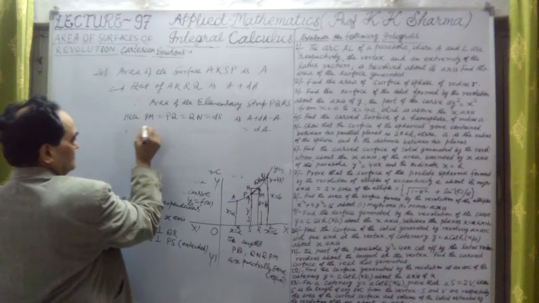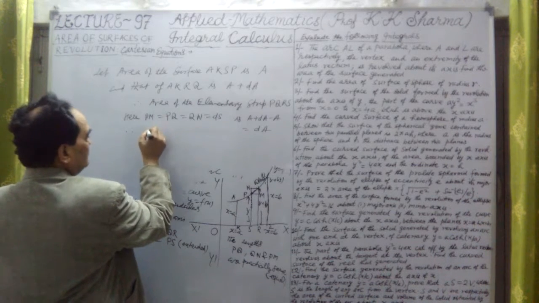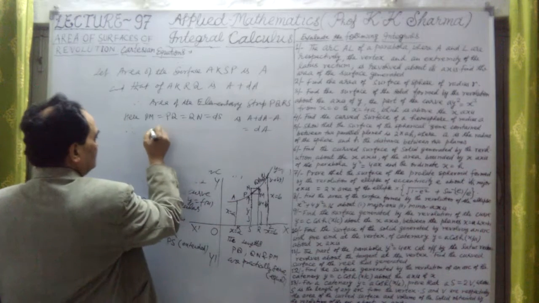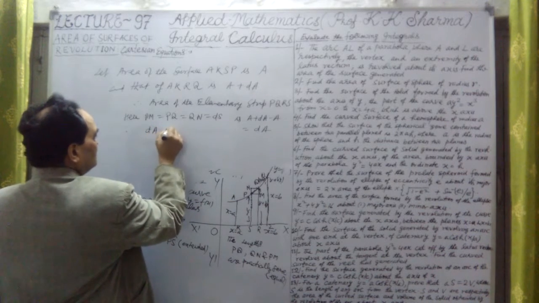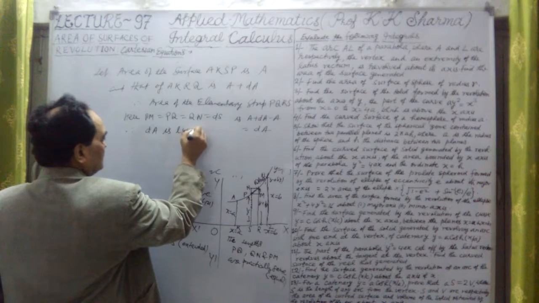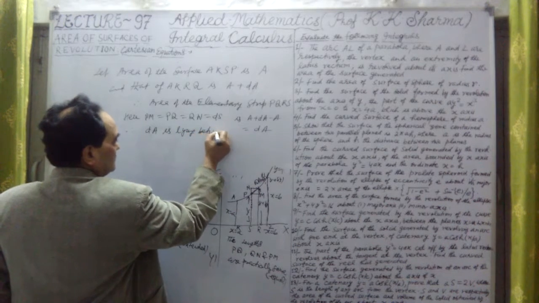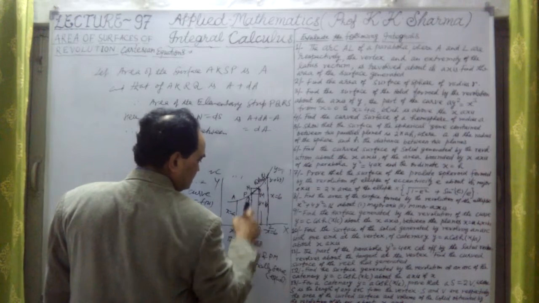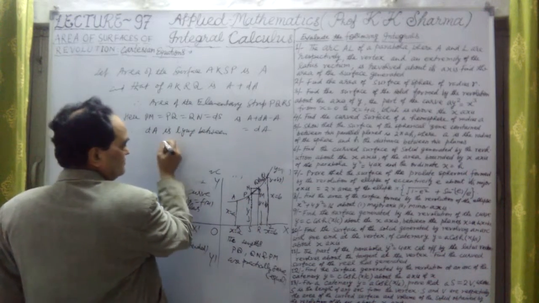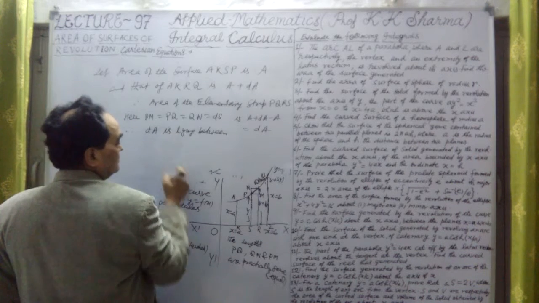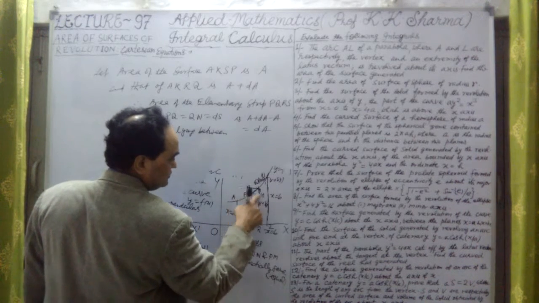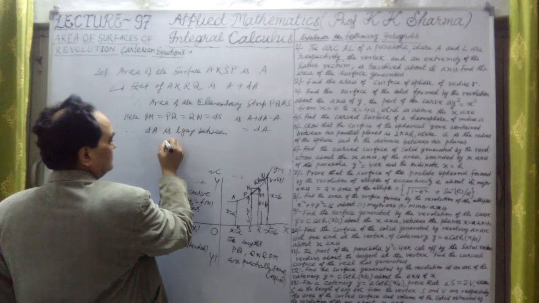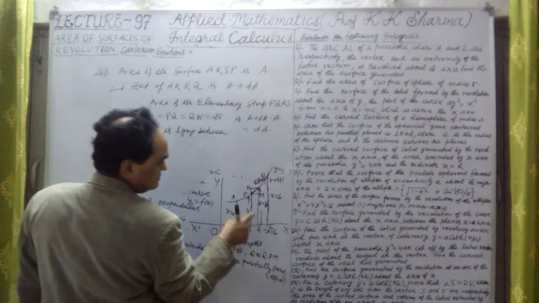Therefore, dA is lying between this. So dA is lying between, this whole area is lying between. Let me write what is the area? This y into ds. Okay, this is y into ds, or let me just multiply this.